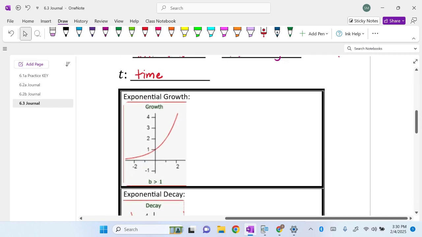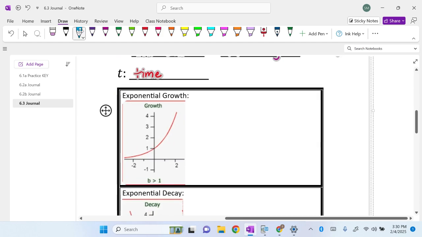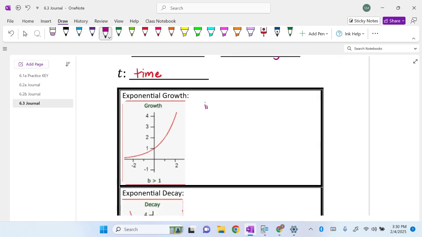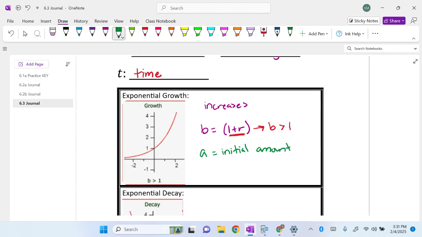So again, exponential growth and decay. Exponential growth is an increasing graph. So the graph increases. Your b value is equal to 1 plus r, so 1 plus your rate. And again, that also means that your b value will be greater than 1. So when you add these two together, that would give you a number greater than 1. Your a value, again, is your initial amount, or where you start at.